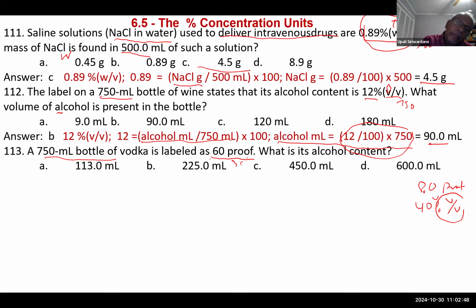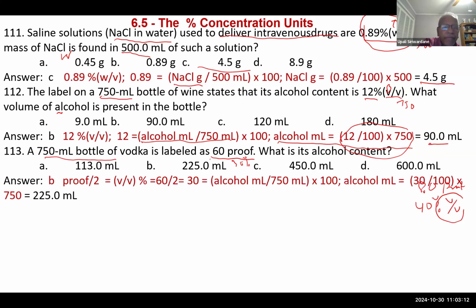Half of the proof is the alcohol percentage. Now that 30% volume by volume is used here.